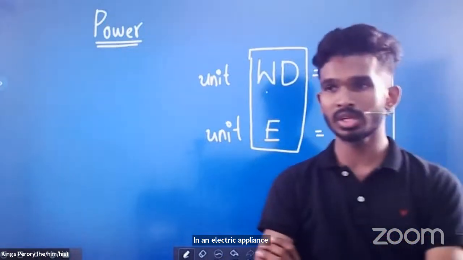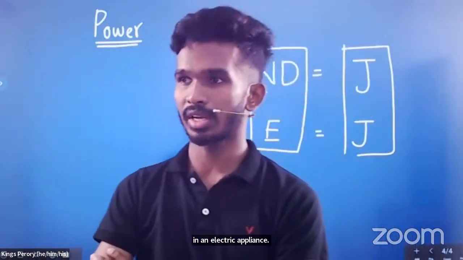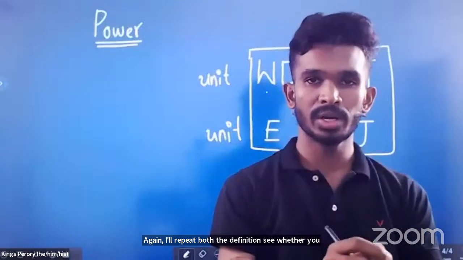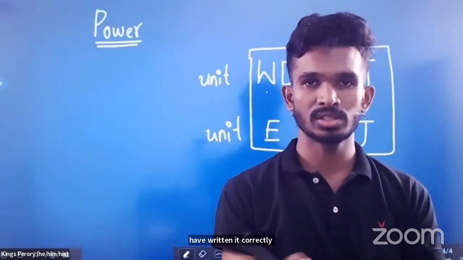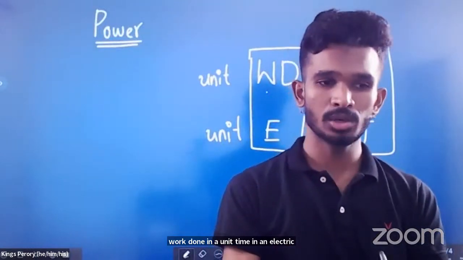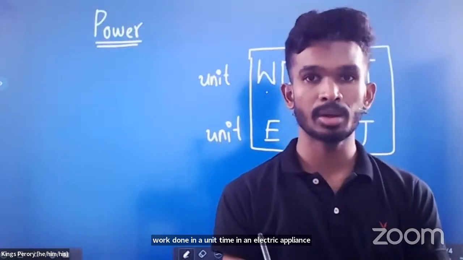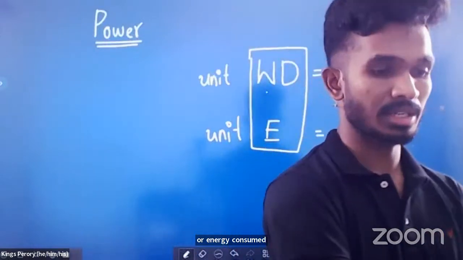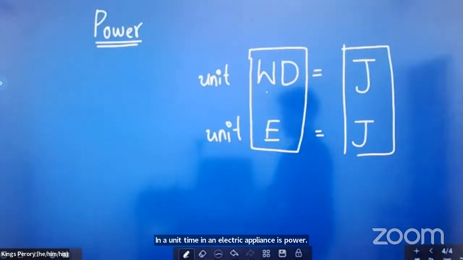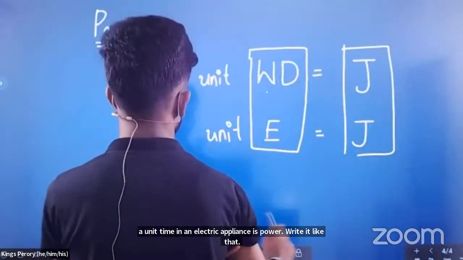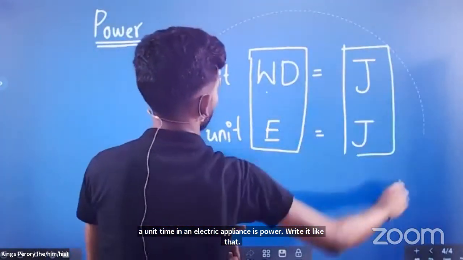Again, I'll repeat both definitions. See whether you have written them correctly. Work done in a unit time in an electric appliance, or energy consumed in a unit time in an electric appliance, is power. Write it like that.